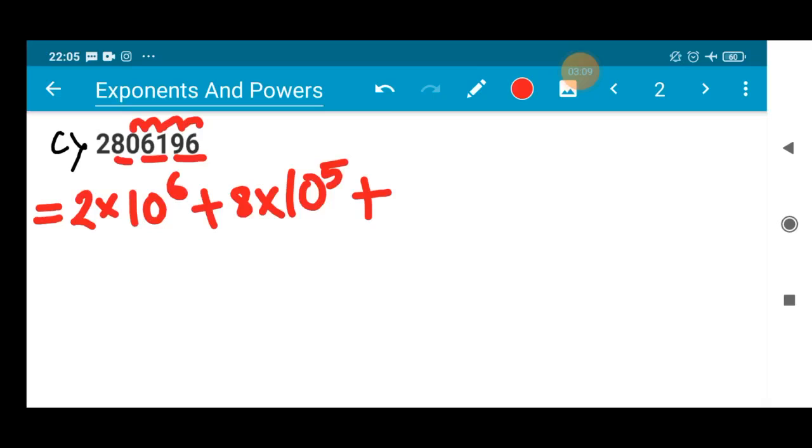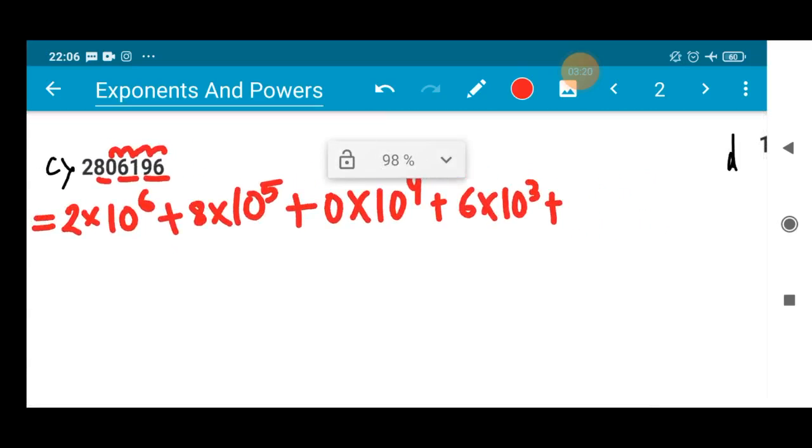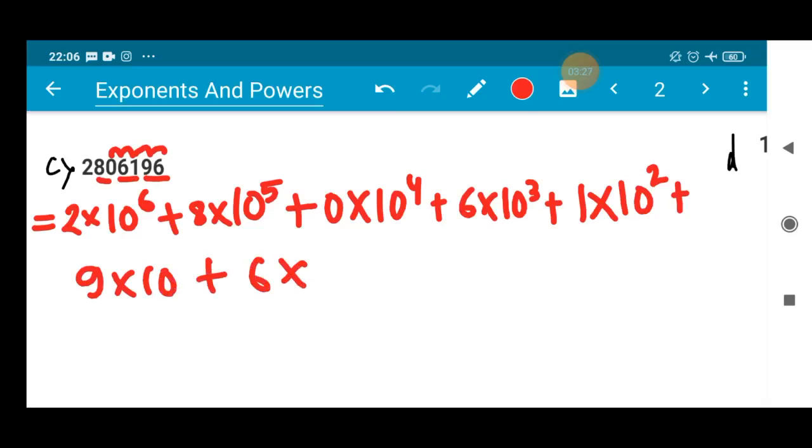So 8 into 10 to the power 5, then 0 into 10 to the power 4, plus you just need to note this digit, then 6 into 10 cube plus 1 into 10 square plus 9 into 10 plus 6 into, directly you can write 10 to the power 1 also, because 10 to the power 1 means it is in tens position, and 6 is in ones position, so you can write 10 to the power 0. So it is the answer which I have written directly here.